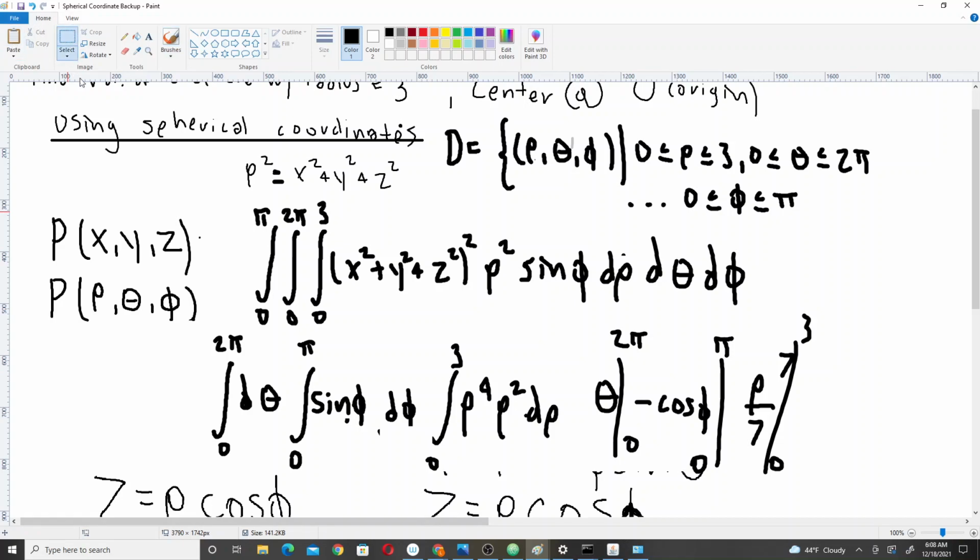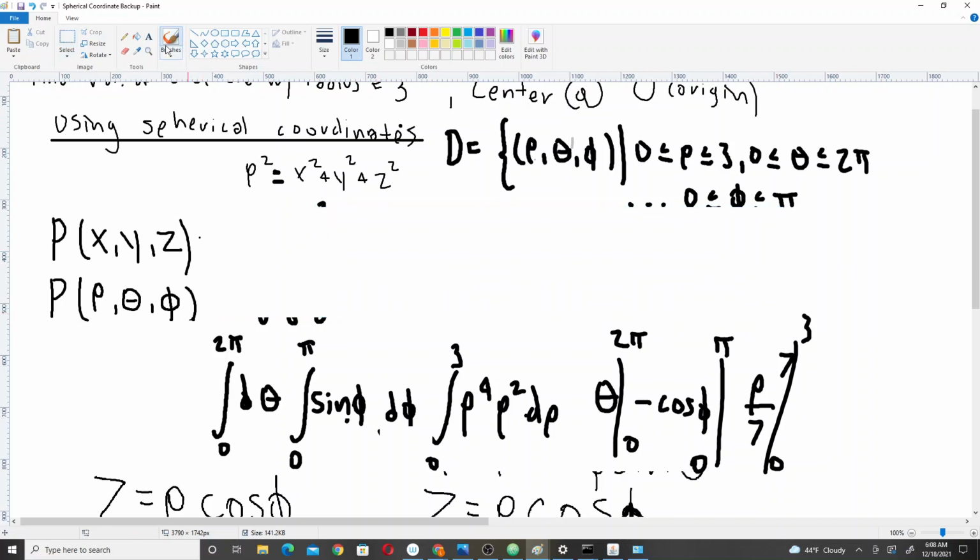Alright, I'm going to make some room for myself. So this is just 2 pi, the theta one, because that's all you have.